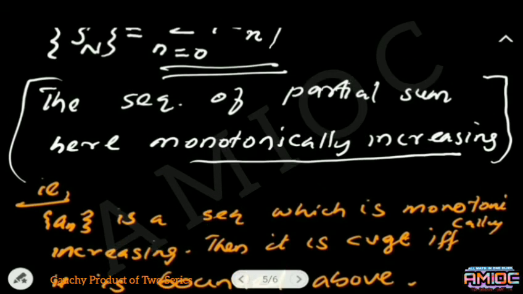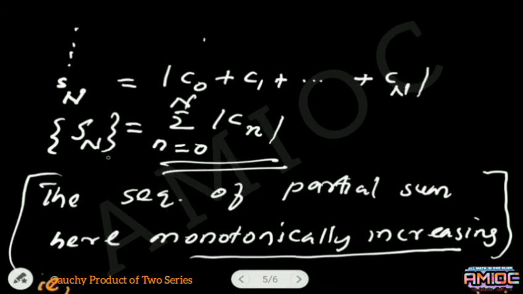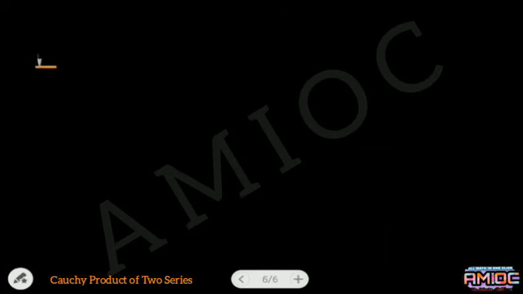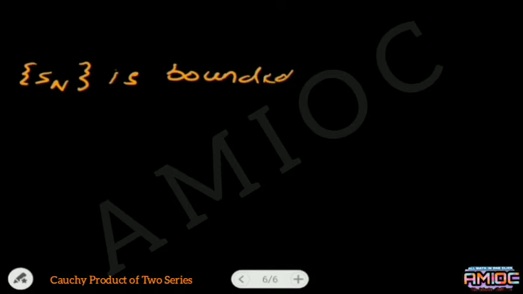Here we have to discuss the convergence of the sequence of partial sums Sn given by summation n equal to 0 to n of mod Cn, and we have observed that this sequence of partial sums is monotonically increasing. We need to prove the sequence Sn is bounded above.